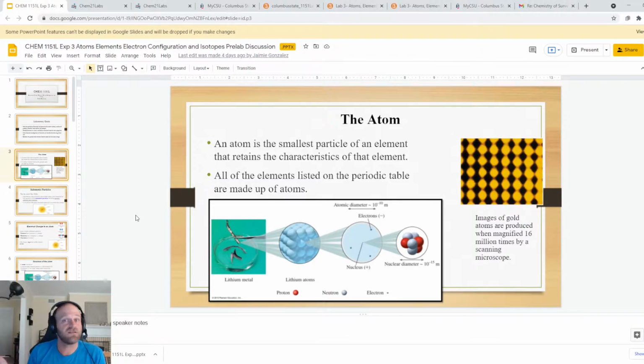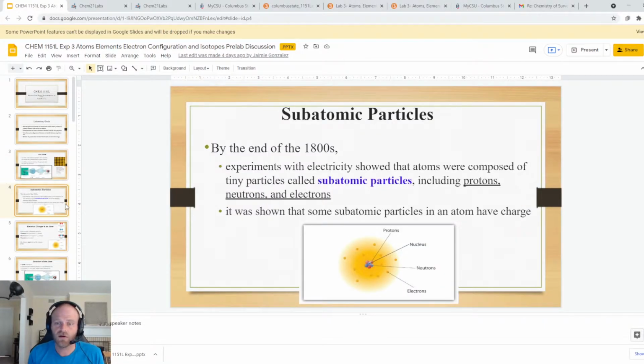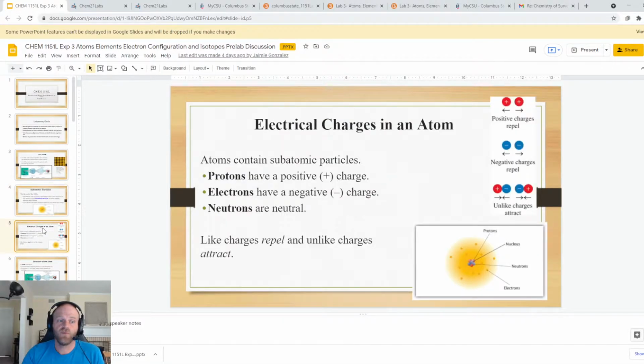but it's not the smallest particle period, because we can break the atom down into smaller things called subatomic particles, right? Every atom consists of protons, neutrons, and electrons. Okay, protons are positively charged, electrons are negatively charged, and when you have the same amount of protons and electrons, the atom itself is neutral.